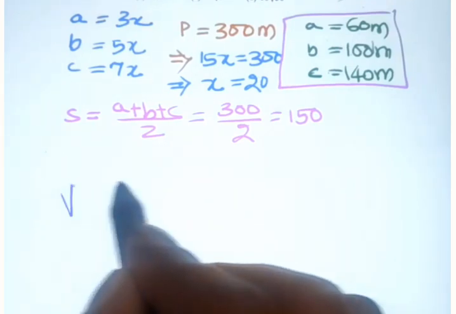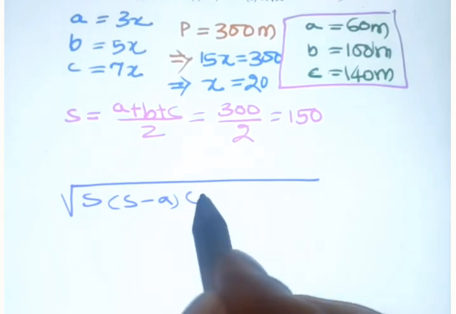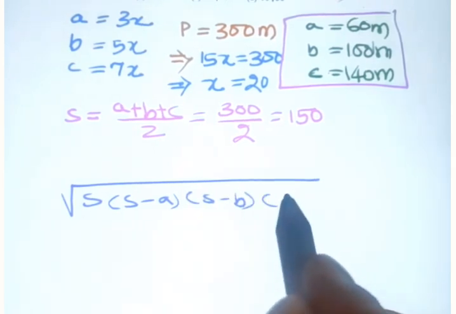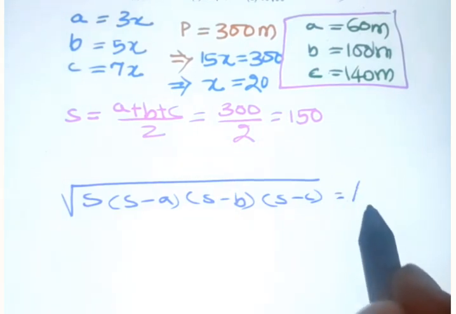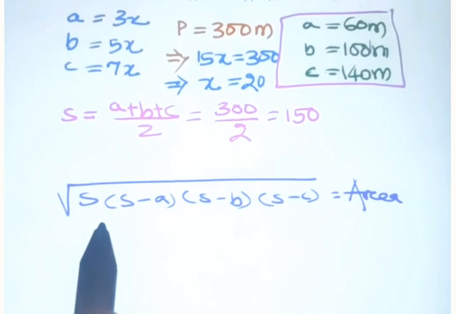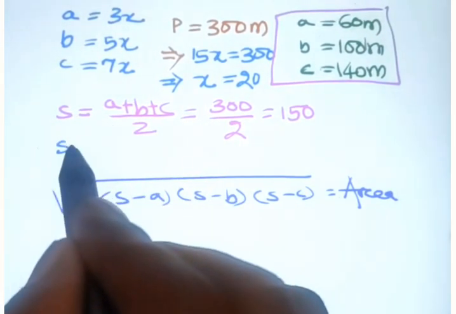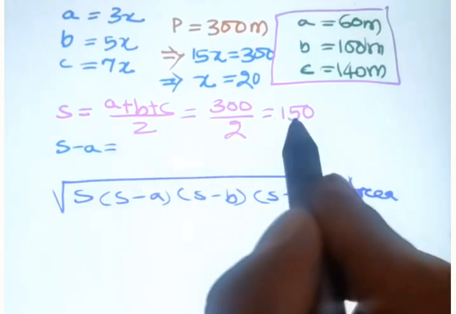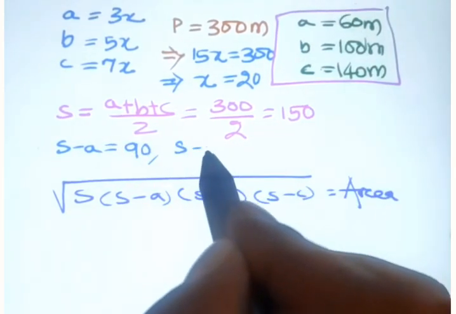So we know that Heron's formula is square root of S into S minus A, S minus B and into S minus C. That is the area we need to find out. So to make this calculation easier, I will at first calculate S minus A here, 150 minus 60, which is 90.